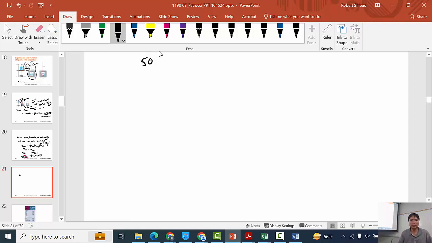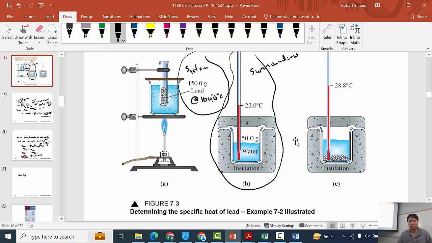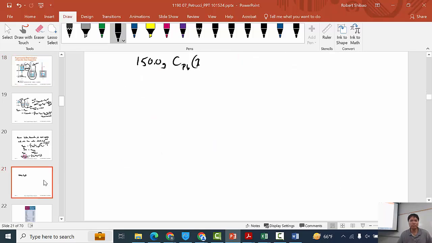And so it's the amount of lead, 150.0 grams, I think it was, times C of the lead, times delta T of the lead. So the final temperature was 28.8, minus the initial temperature, which was 100.0 degrees C. This is equal to the amount of water, 50.0 grams of water.